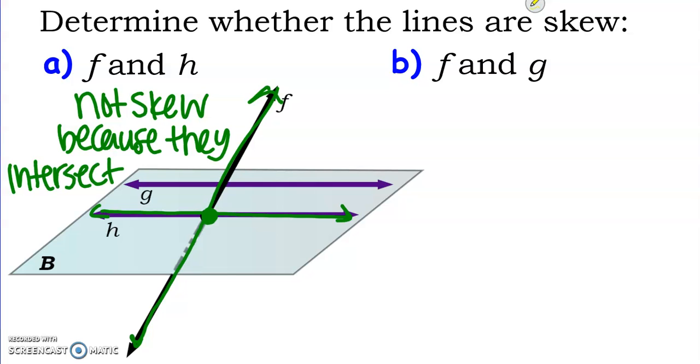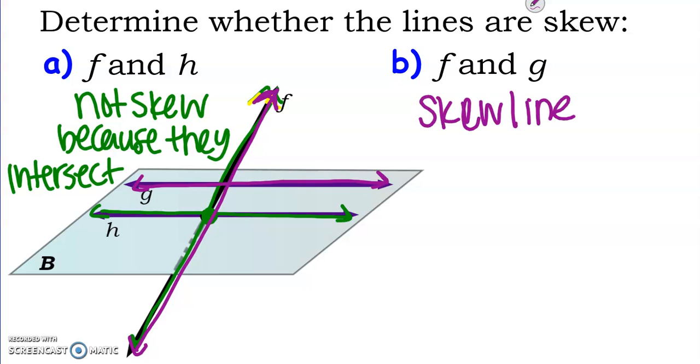Since they intersect, they are not skew. Okay, and then now in B, we want to look at line F and G. So there's F and G. At first, it looks like they intersect, but they don't because G is actually behind line F. So these are skew lines, and your reason is because they do not intersect and they are not in the same plane.